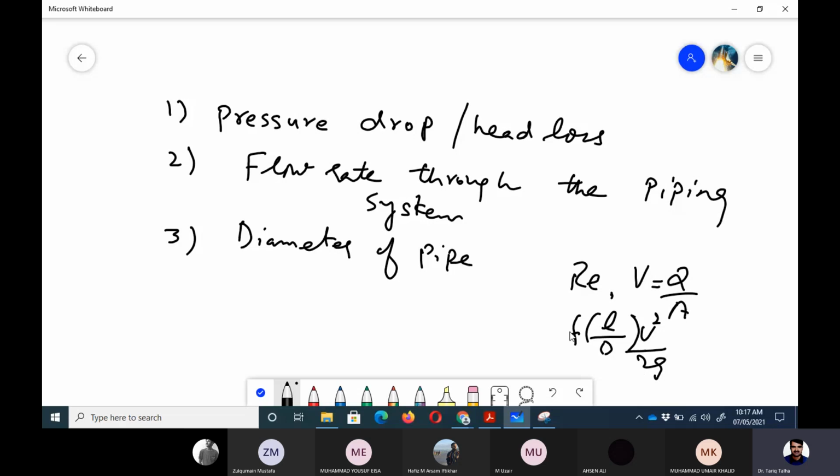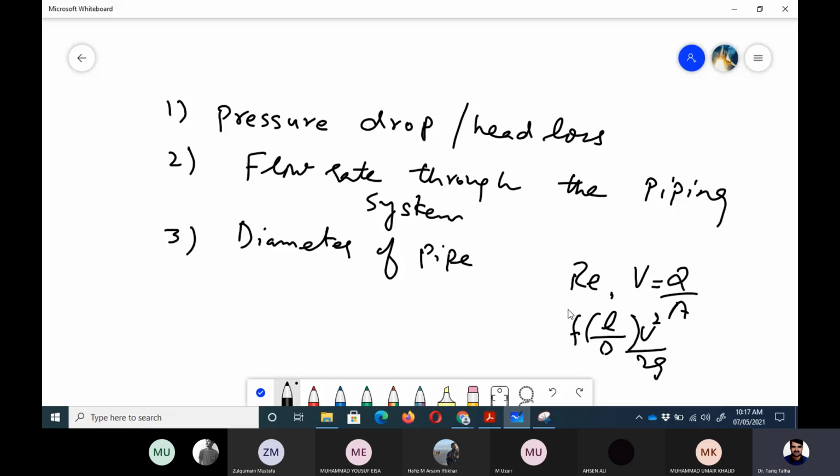So it means that if the diameter is unknown, then it's kind of repetitive analysis. We need to guess the value of diameter and then conduct the analysis, and in the end we need to compare the value which we get from the analysis with the initially assumed value. If it is correct, then our analysis was correct. Otherwise, we need to make some kind of correction in that initial guess.